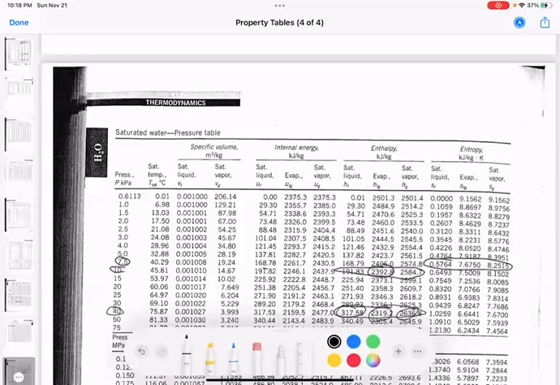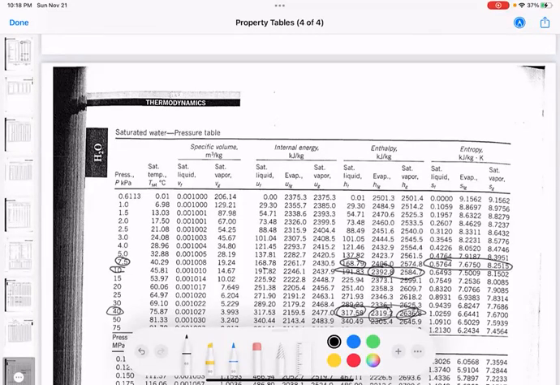So that's just a cross check to see that we're at the right place. Anyways, what we're really interested in here is the enthalpy, right? Because it's the enthalpy that's going to tell us about the work and the heat transfer. So a fluid of 64.75 quality will have hf, which is 168.79, plus that quality, 0.6475, multiplied by hfg, which is 2406.